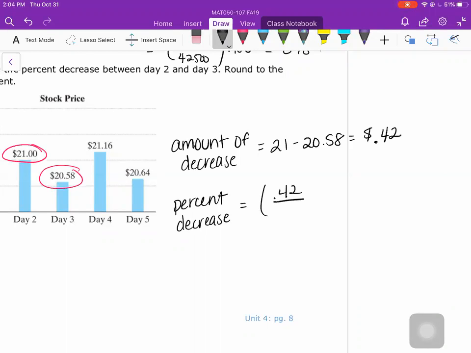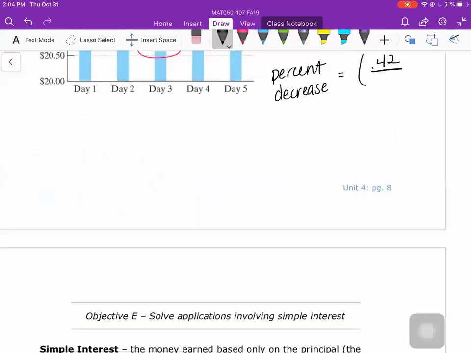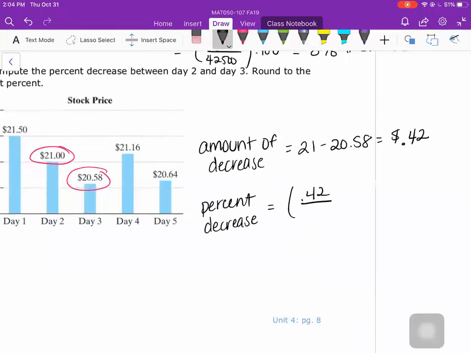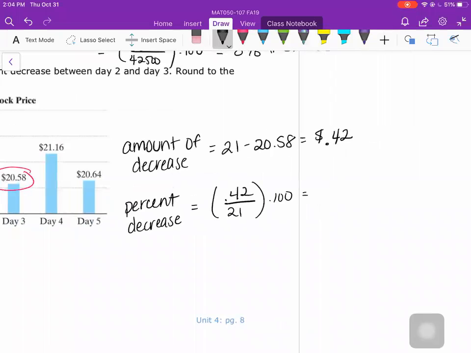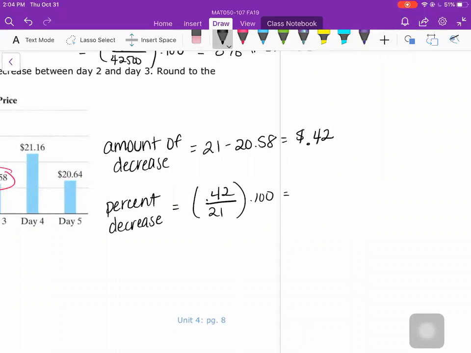So the original is the one that was first, before any change happened. That's your original. Karen, what'd you get? 2% decrease, good. Any questions?